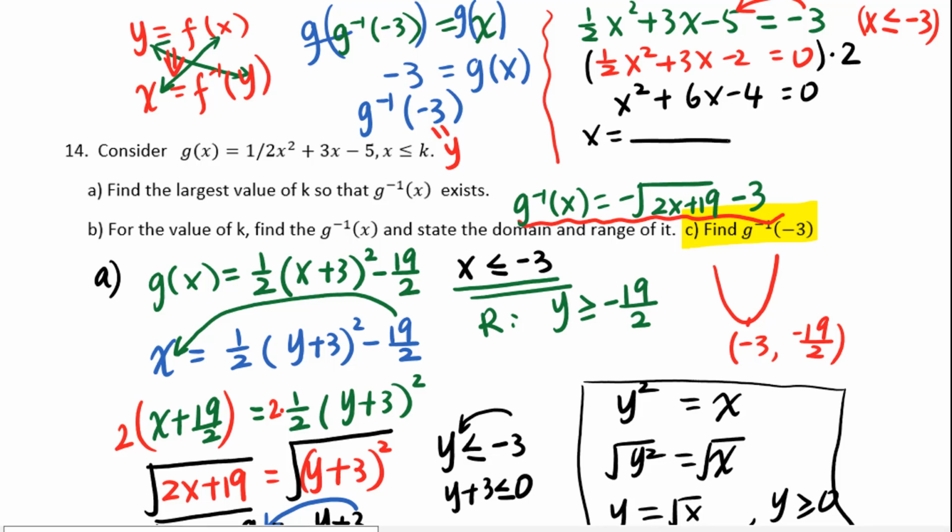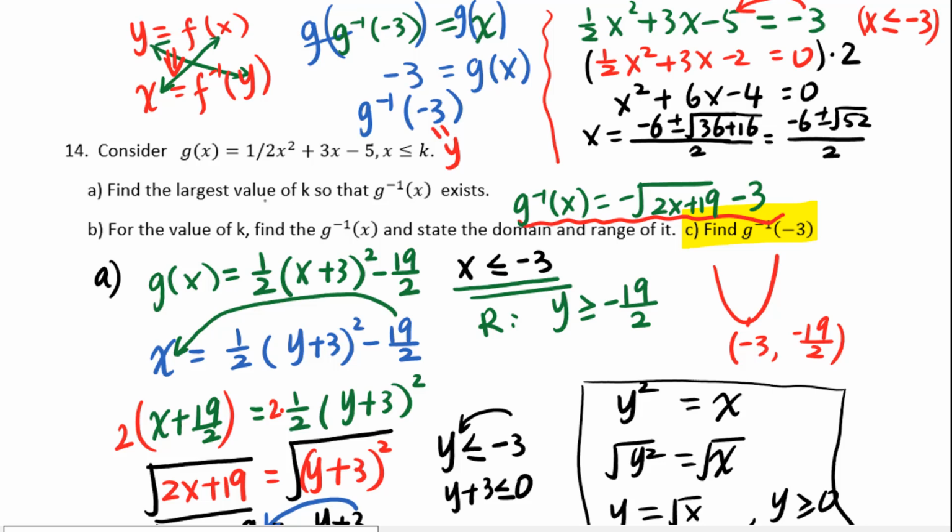x equals negative b, which is negative 6, plus or minus the square root of b squared minus 4ac: 36 minus 4 times negative 4, which is plus 16, all over 2. You will get negative 6 plus or minus the square root of 52 over 2.